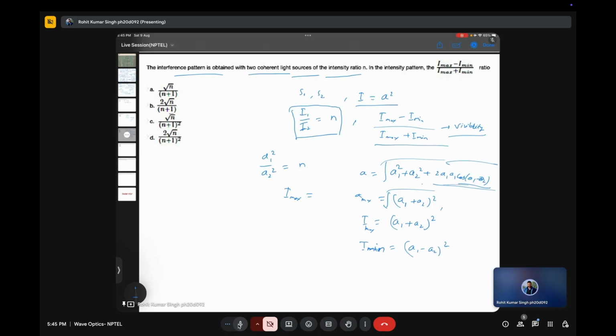So this we have, and from here we have A1 equal to root n times A2, right? And I max, I min you can put here and substitute in this formula.